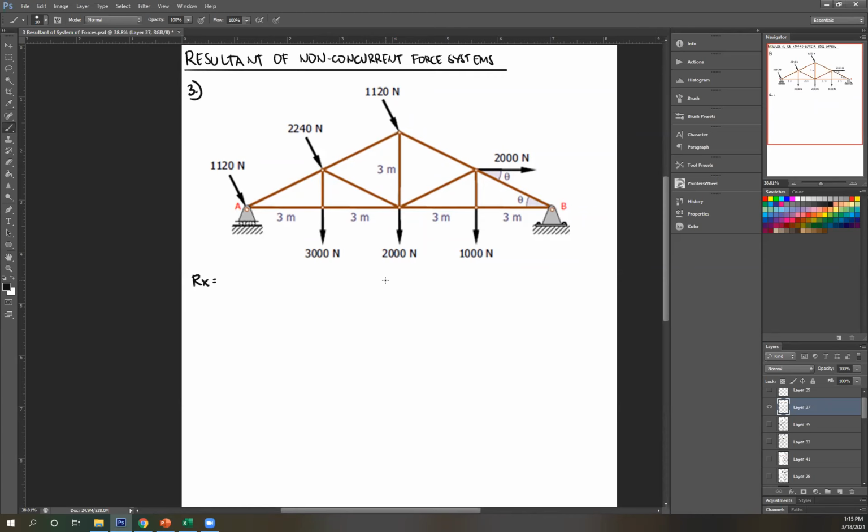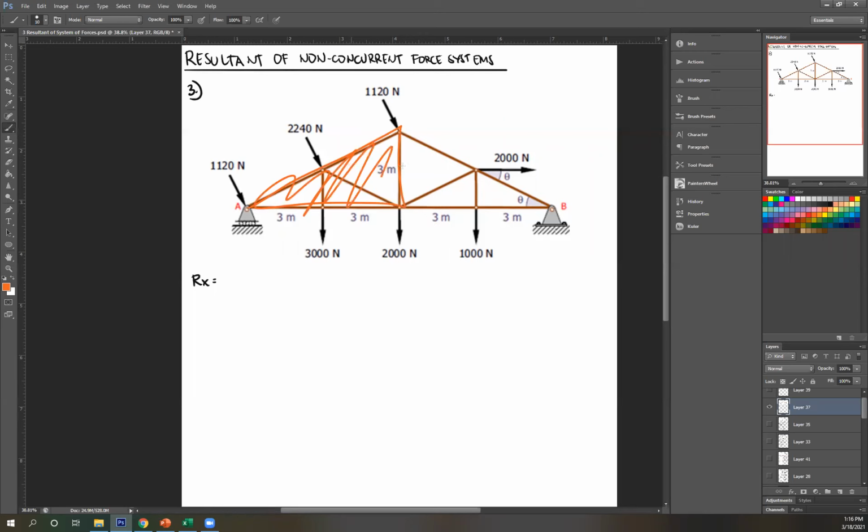Okay. So remember, to get horizontal and vertical components, I either need angle or slope. I'm not given angle here, I'm given dimensions. So from the given dimensions, I can figure out the angle of my truss. So this is 3, this is 3, this is 3.